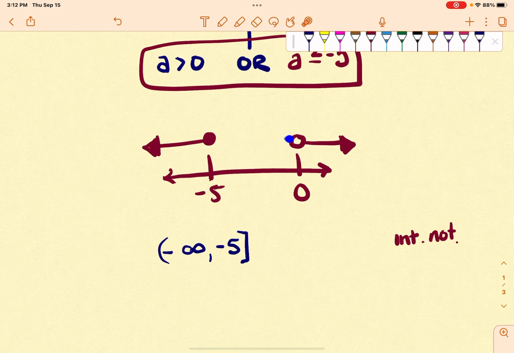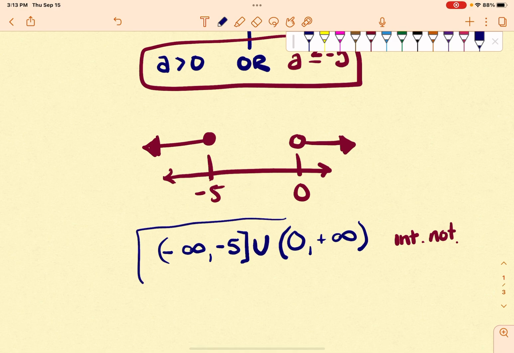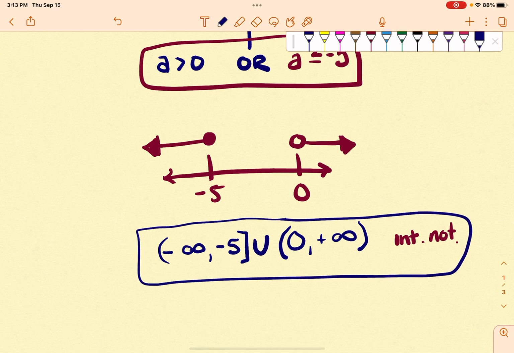So if I keep going, it goes to 0. That's going to be a parentheses because that's an open circle, but it goes to positive infinity. Now, the only thing you need to do between these is do the U for the union, because your answer could be in this piece or in this piece. It could be in either one.